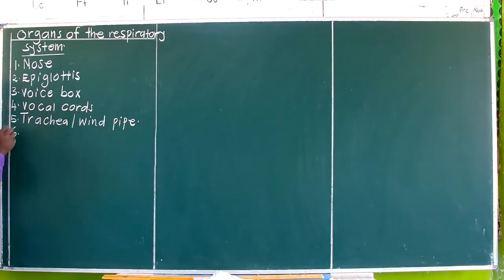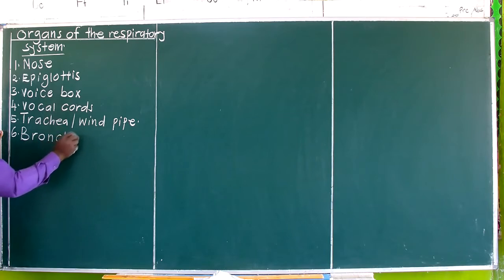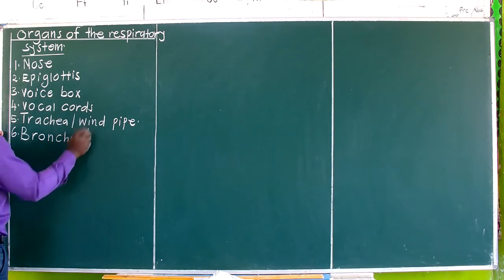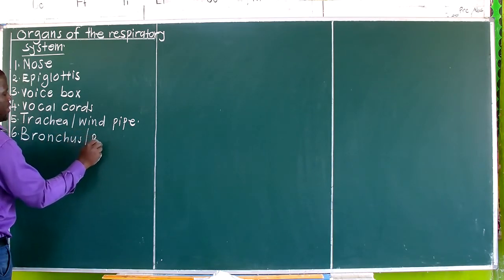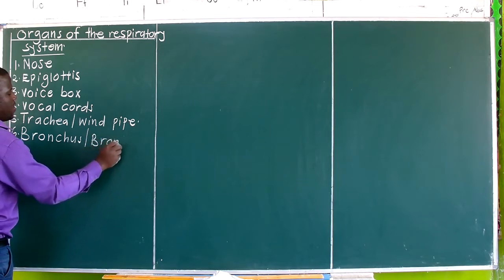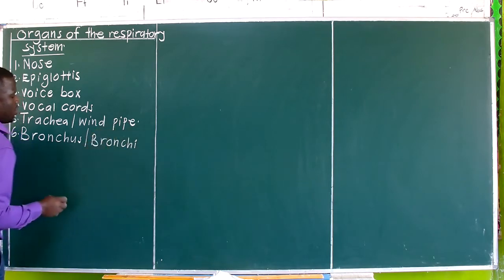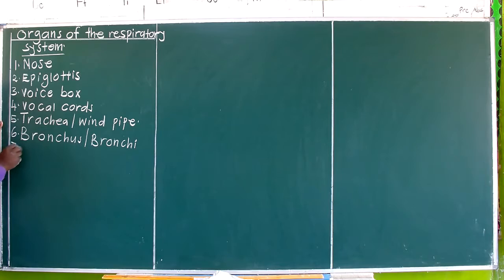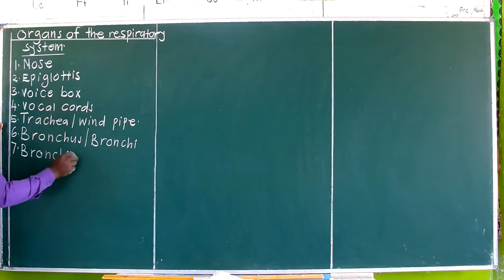Number 6, we have bronchus or bronchi. Number 7, we have bronchioles.